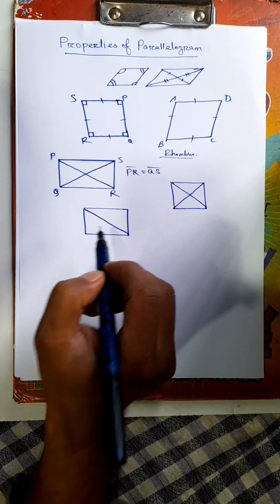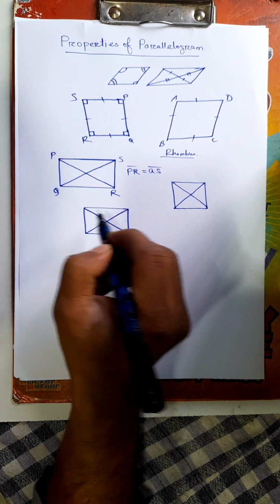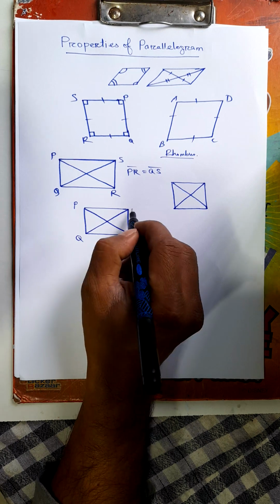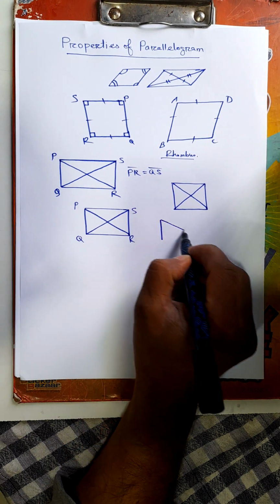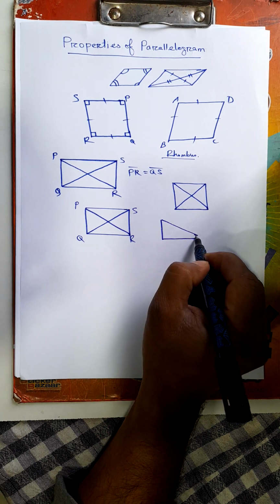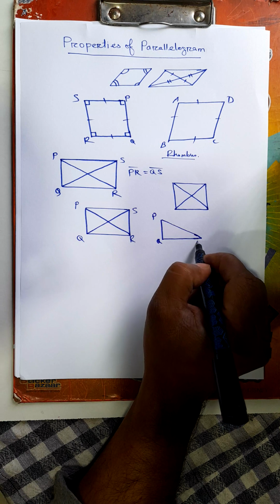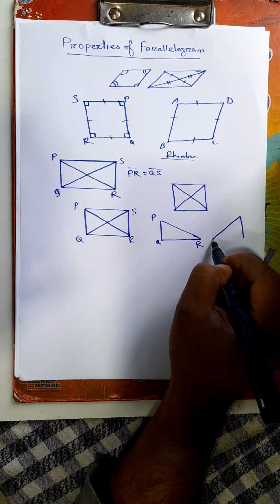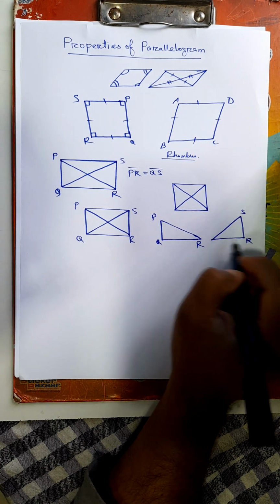Now let us join this diagonal, and then join this diagonal, P, Q, R, S. Now consider these two triangles, this is PQR, and another triangle, this one, SRQ.